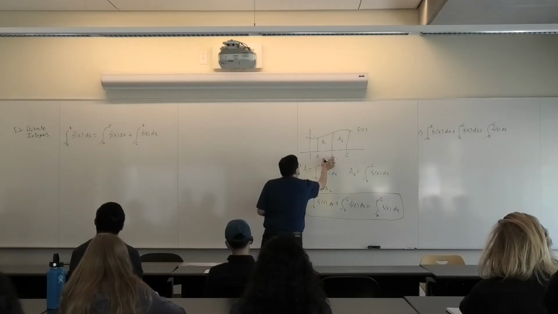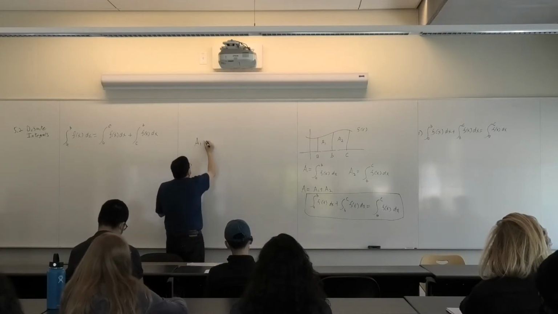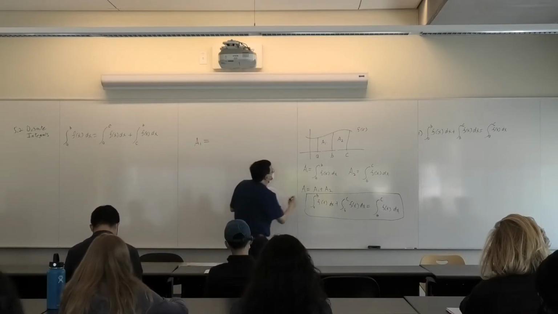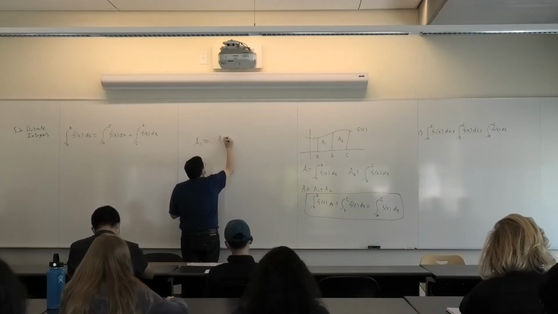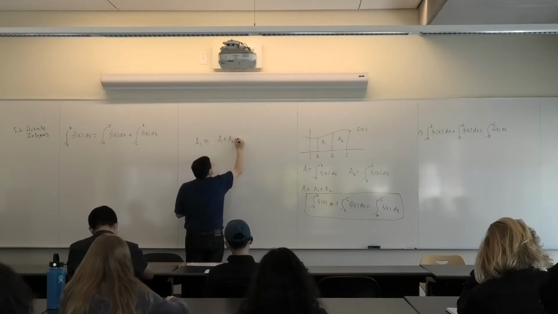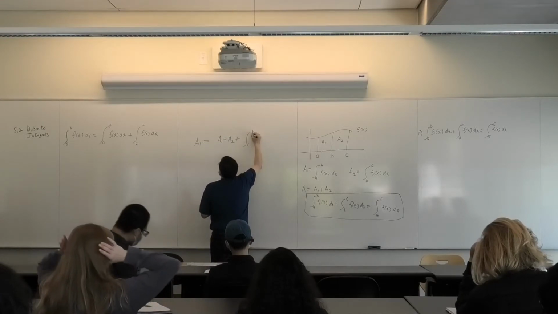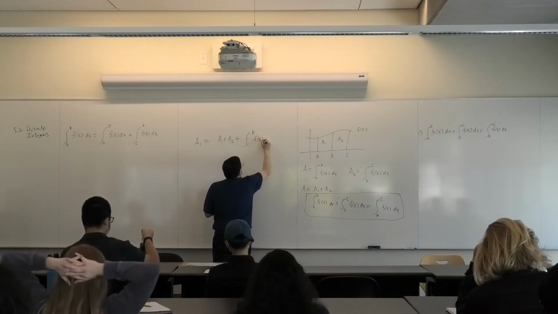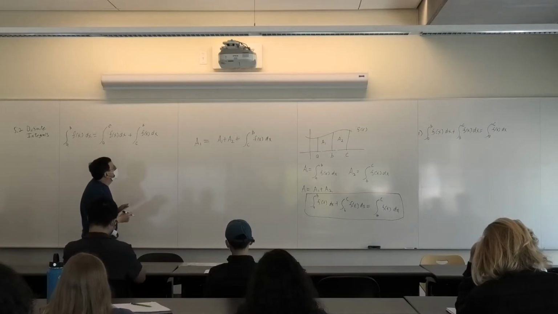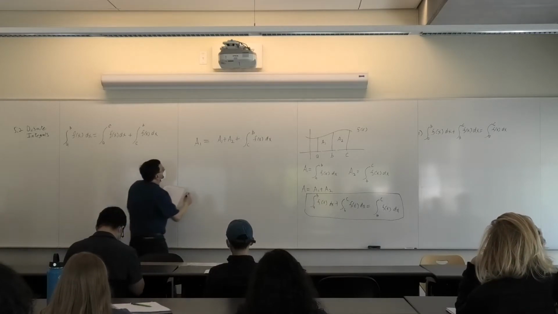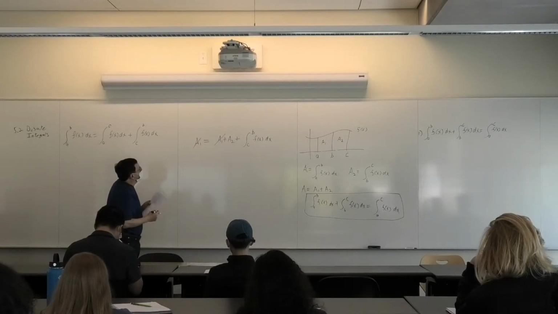Integral from A to B, well, that's area 1. The area from A to C, well, that's the whole area, A1 plus A2. And now we're just left with this C to B. Well, okay. So we can remove the area A1.